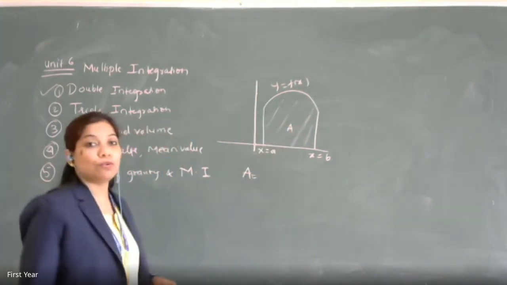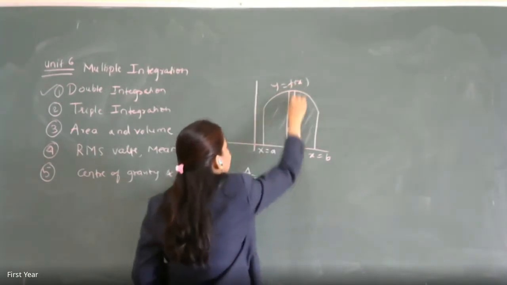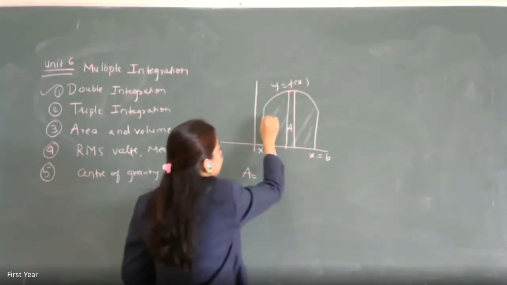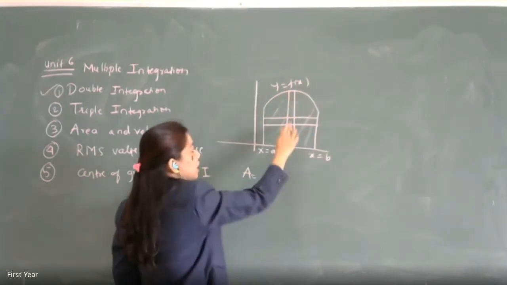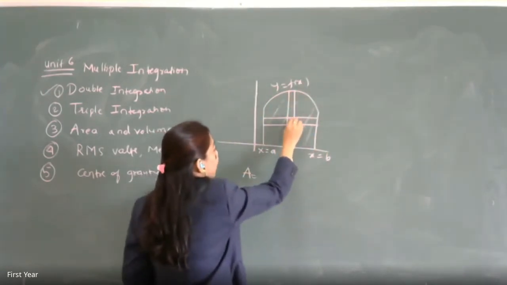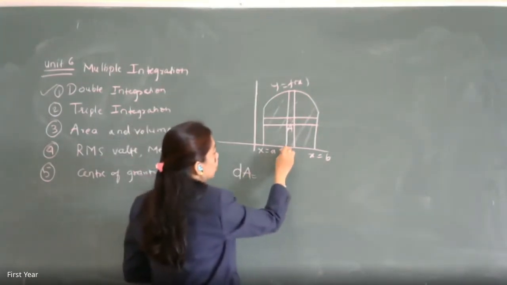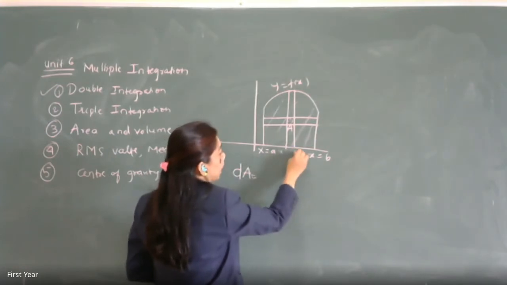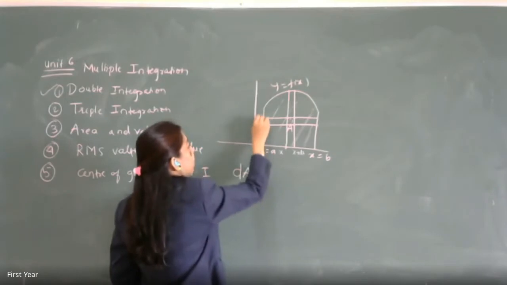What we are going to do is take rectangular strips and find a small change. Total area is A. If I call this small area dA, then this is your x coordinate, and this is x plus dx. If this is your y coordinate, this is y plus dy.